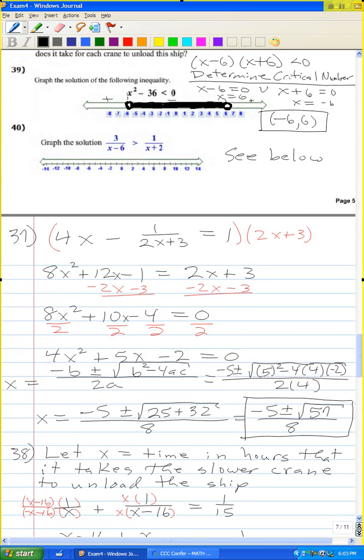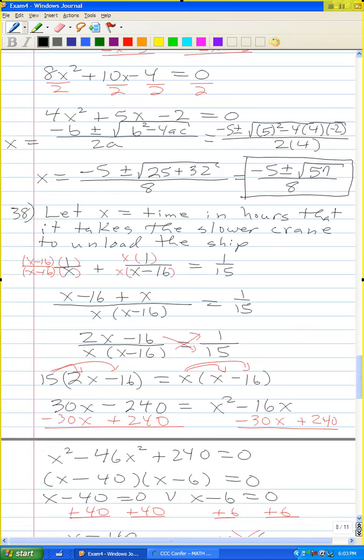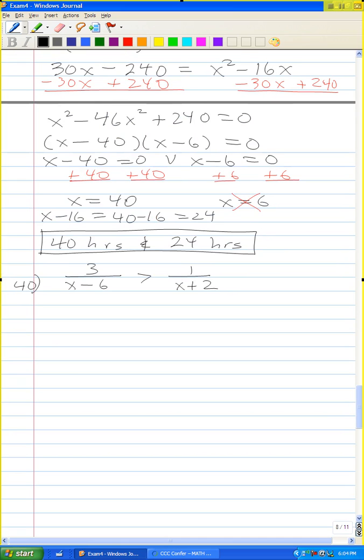Let me solve that inequality. Let me subtract 1 over x plus 2 from both sides of my inequality in order to write this in standard form.